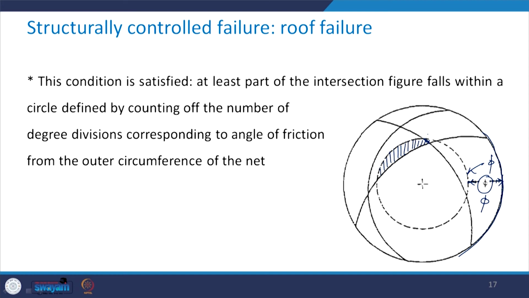So, this gives us the idea that the condition which we just mentioned is being satisfied, that part of the intersection figure is falling within this phi circle. How to draw this phi circle is that you count the angular division from the outer circumference and then draw a circle corresponding to that, which has been shown here by this dotted circle.